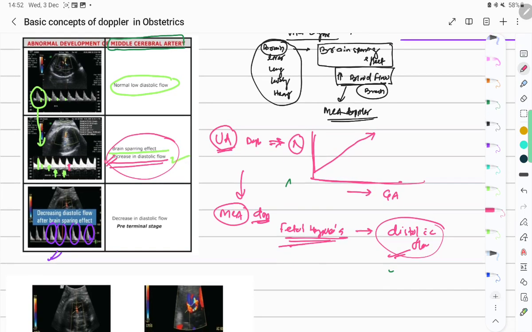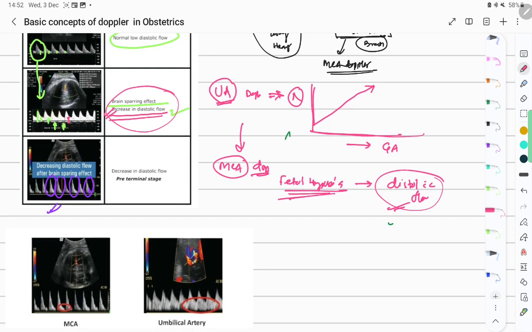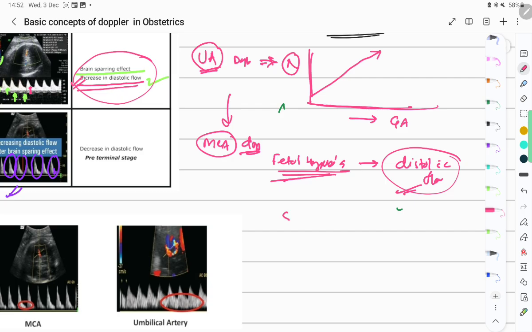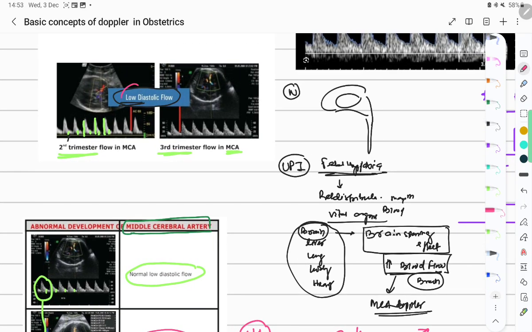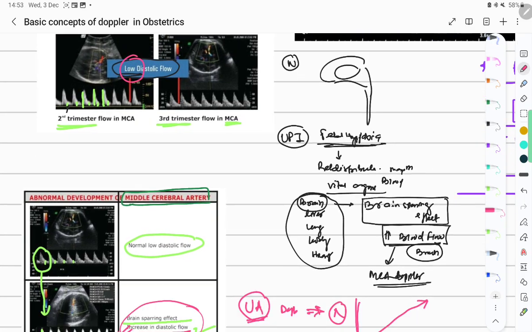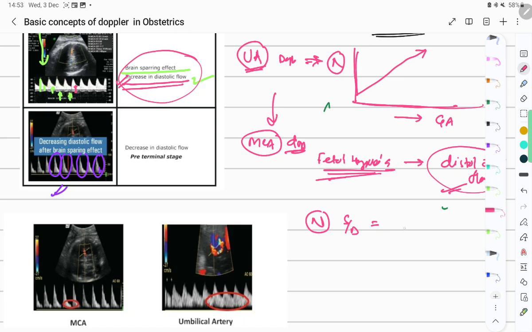So tell me about the PI and RI in MCA Doppler. What about the SD ratio in case of fetal hypoxia? In normal condition, will SD be high or low? There is low diastolic flow in MCA Doppler normally, so S by D is high.